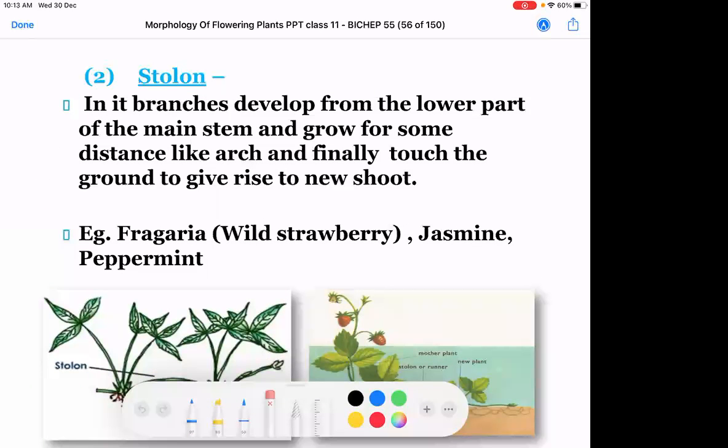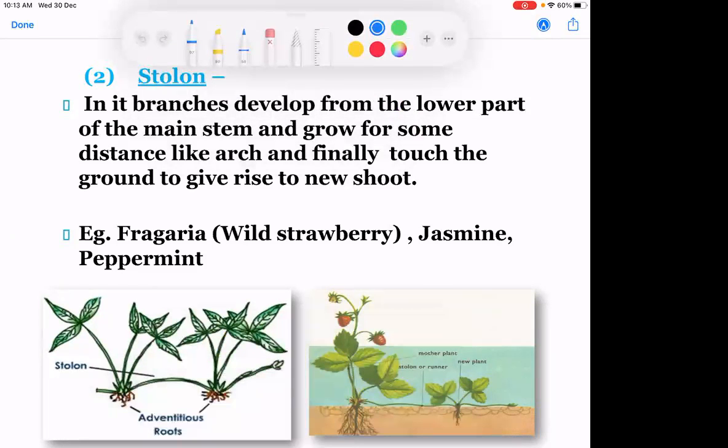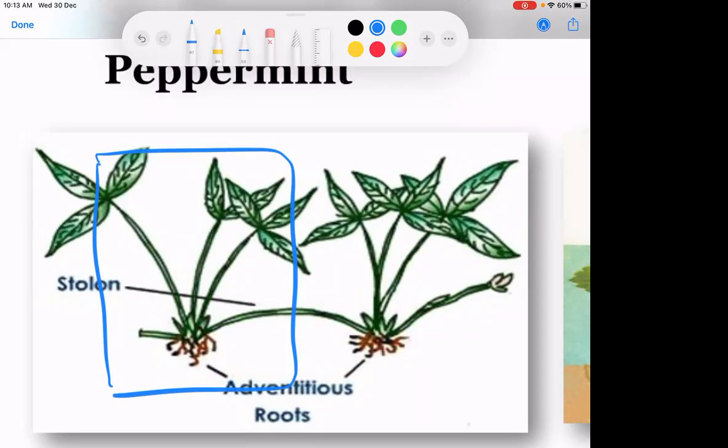Ready? Now, what is stolon? Let me clarify it to you first. Look, if you see this diagram, it is a small plant here. Now, the main part of the stem is at the base, right?